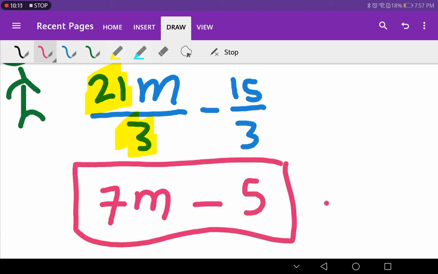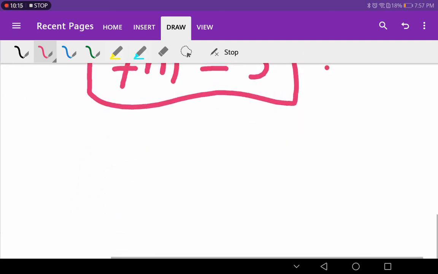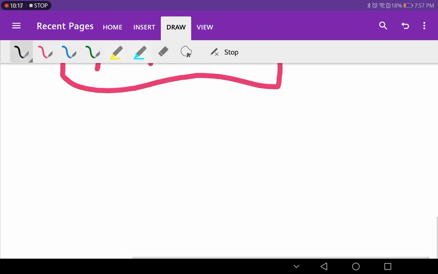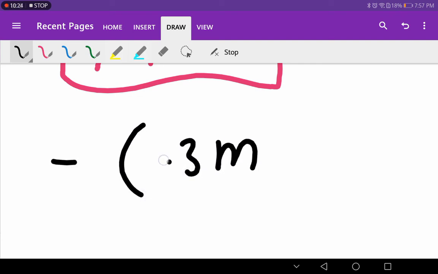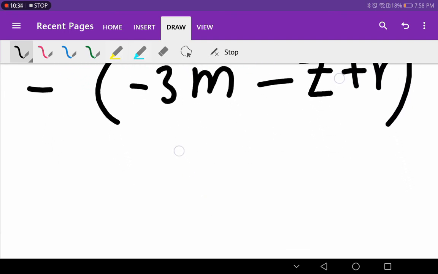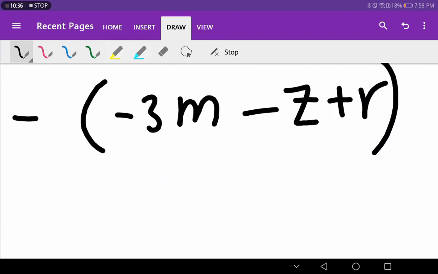Okay, my dear student, are you happy? I hope so. Now if I have negative 3m minus z plus r, what will happen here? As we learned, this sign will invert all the signs inside.